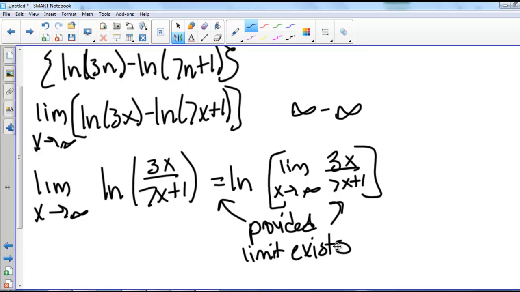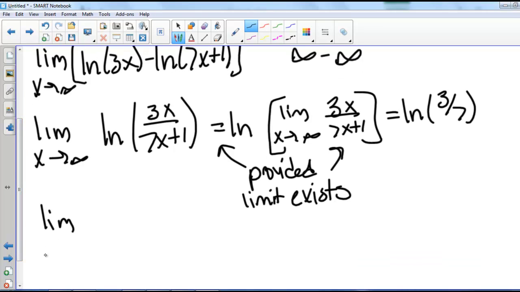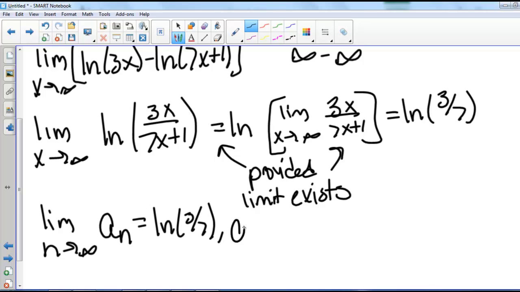And the limit as x goes to infinity of 3x over 7x plus 1 equals 3/7. So we have that this equals the natural log of 3/7. So that tells us that our limit as n goes to infinity of our sequence equals natural log of 3/7 and converges.